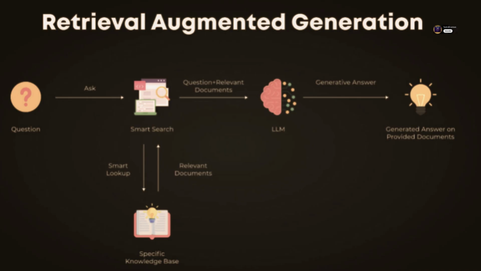Precisely. Retrieval-Augmented Generation. The LLM then formulates its answer using both its general knowledge and the specific retrieved information. Why is that so vital? Several reasons. It keeps answers up to date without constant retraining. It dramatically reduces hallucinations by grounding the answer in actual source material. You can inject specific domain knowledge easily.